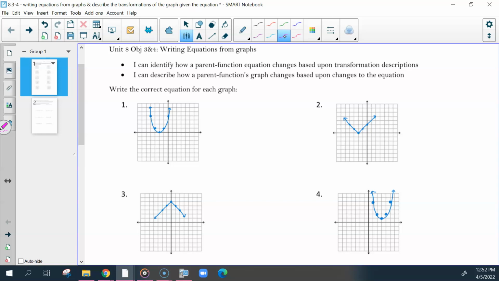For your quadratic functions, those are your U-shaped functions. Your U-shaped functions always start at 0, 0. And then if you go 1 to the right or 1 to the left, you're always going to go up 1. So it would be 1, 1, and negative 1, 1.